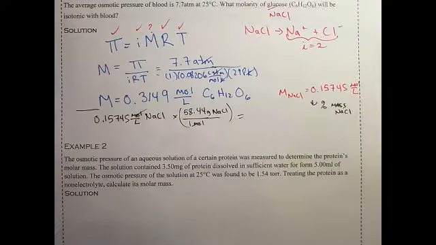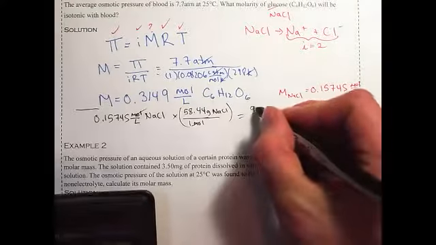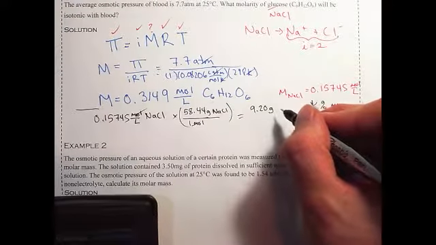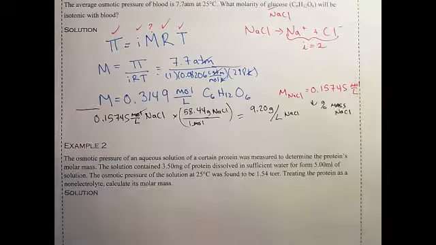So 0.15745 times 58.44 equals 9.20 grams per liter NaCl. So I've dissolved 9.20 grams of sodium chloride in every liter of solution.